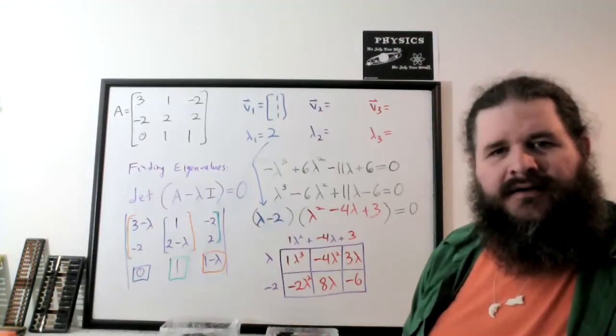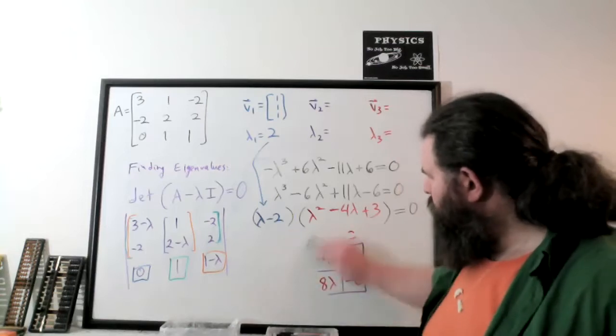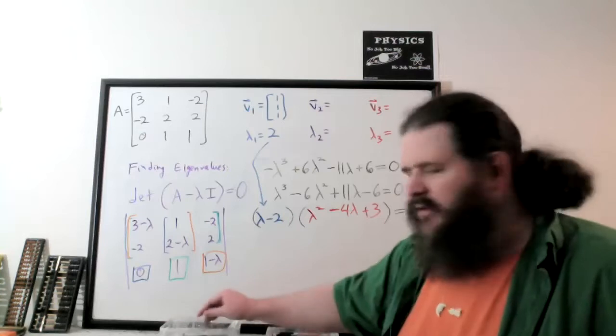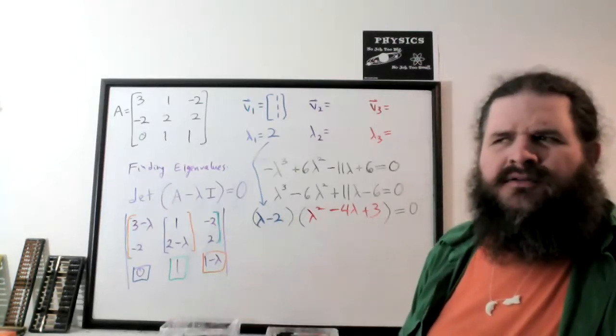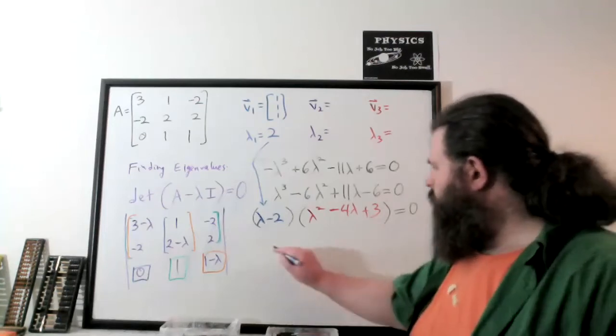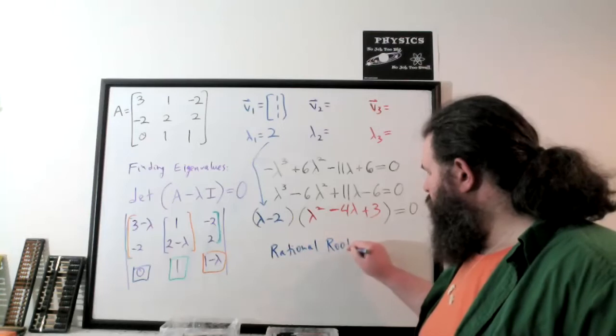Does that sound familiar? The rational roots theorem is basically just a way of checking or narrowing down the list of possible guesses.